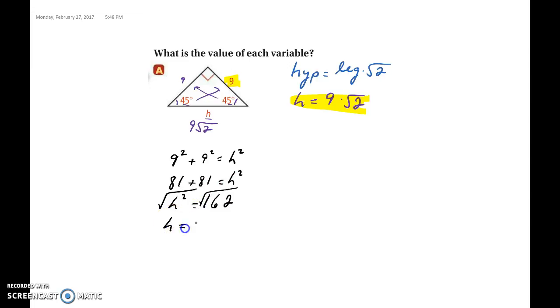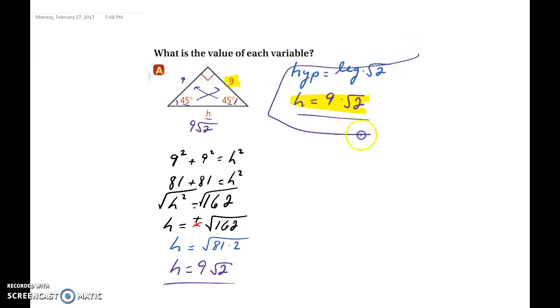Square root from each side. h is equal to plus or minus square root 162. We know we would cancel out that negative, and then we would simplify square root of 162 as 81 times 2, and then the square root of 81 is equal to 9. So we would still get the same answer, but this one was a lot faster and a lot easier, I think. It's just you need to be able to remember this formula that we'll call it, that we will use to solve for this.